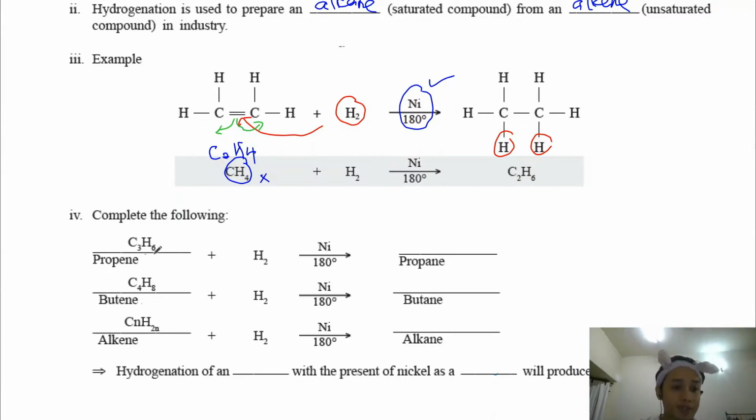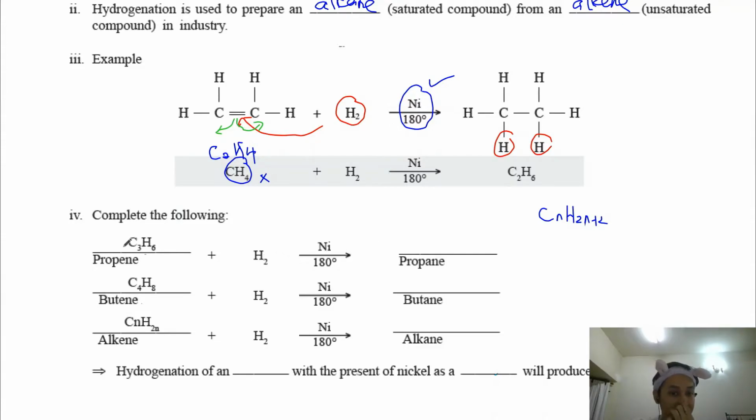Okay, so for example here, propene. Alright, since I know it's hydrogenation, I'm converting from a propene to propane. Okay, what is the general formula for alkene? Remember, general formula is CnH2n.